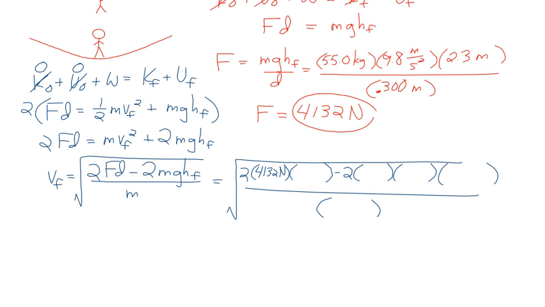What do I put in for the distance for this? 0.3. So 0.300 meters. The mass was 55 kilograms, which I can put there and also down here. The G is 9.8 meters per second squared.